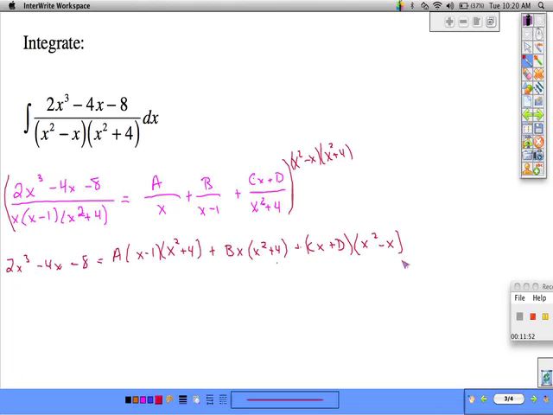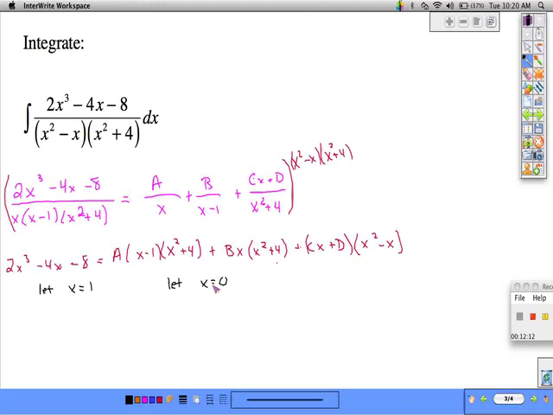So here we go. What two values of x will we be able to plug in here to make different factors of this 0? We're going to let x equal 1 and let x equal 0.